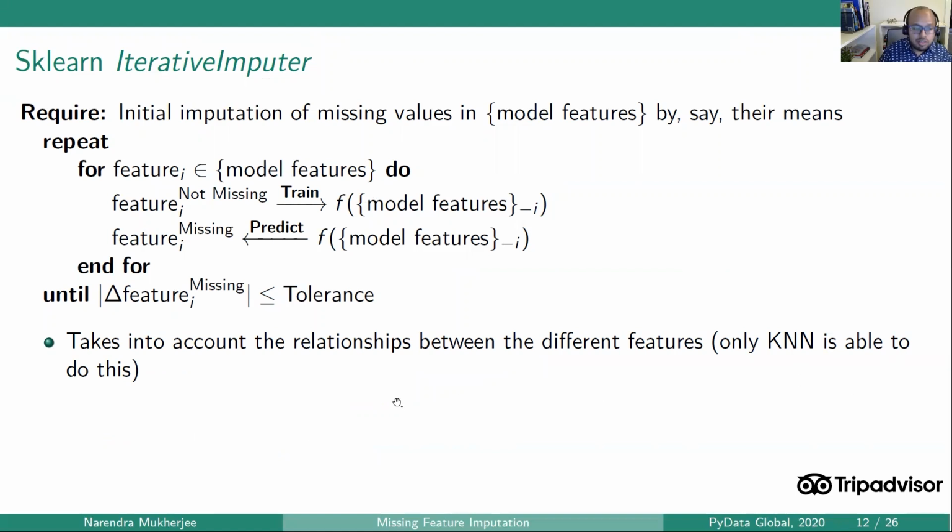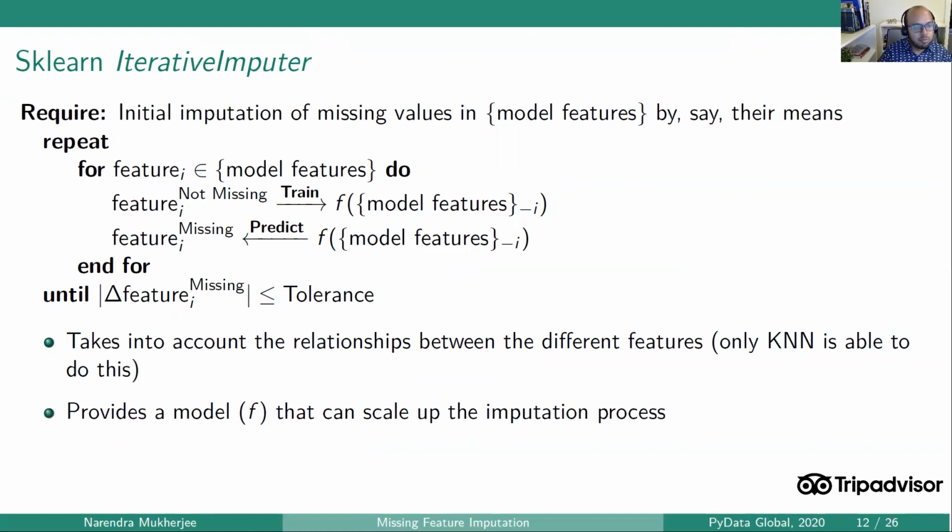But in contrast to k nearest neighbors, this provides a predictive model F that can just fill in the missing values at prediction time. So you don't have to search for k nearest neighbors at prediction time, you can just use F to fill in the missing values and then run your model on top of that. And this does not add much latency to the prediction process, and that's exactly what we need. And so it worked very well for our purposes.